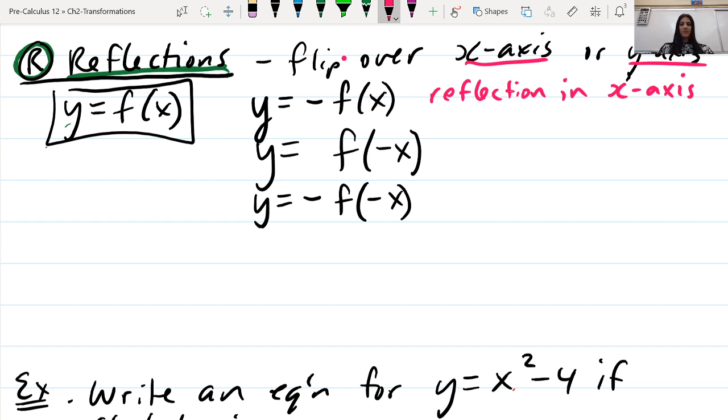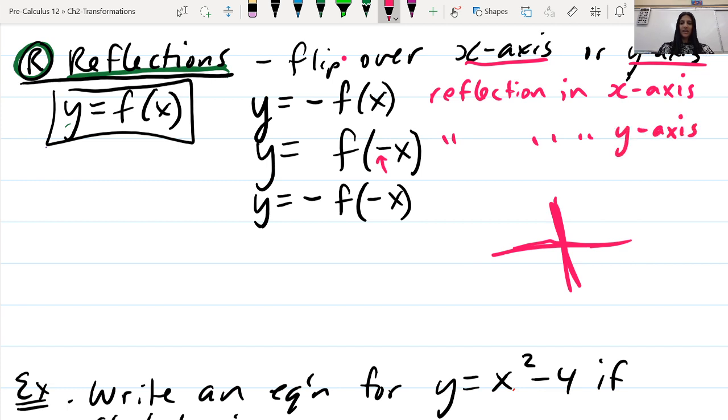Using that same mentality, when I look at this, the negative sign right here, I would ask, does that affect my x values or my y values? It's affecting the x values. So if I had a graphing grid like this, if it's affecting the x values, that means it's got to be reflected over the y-axis.